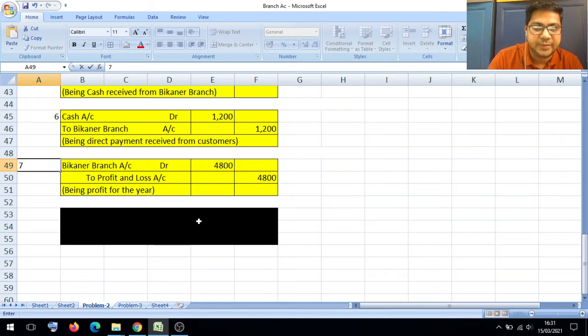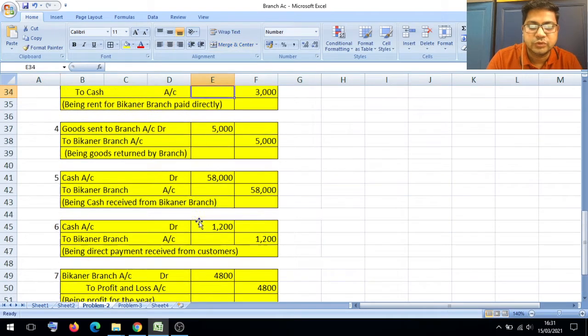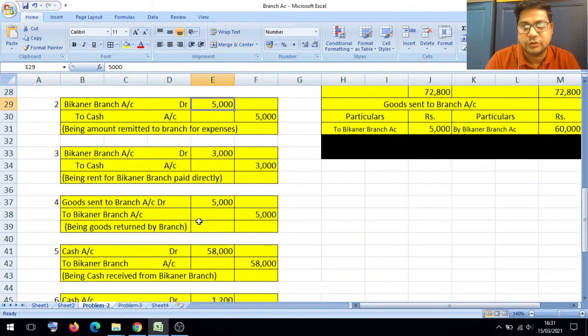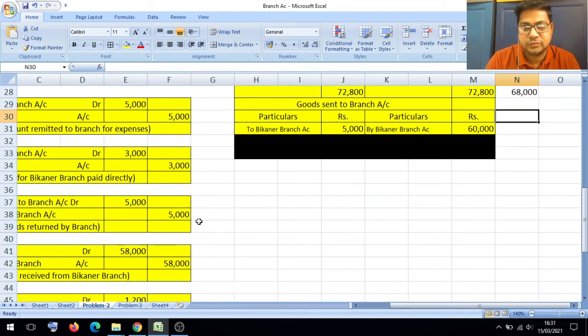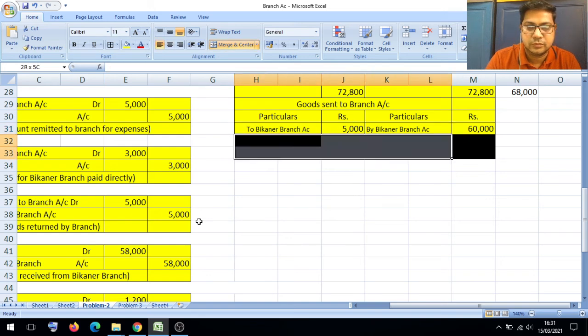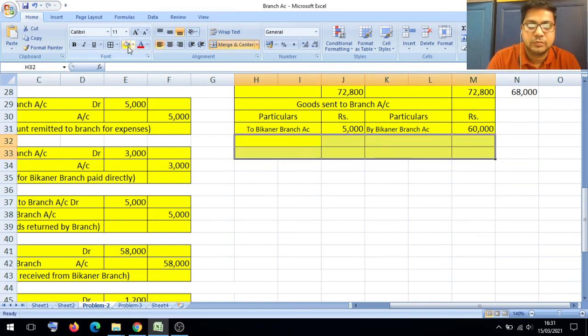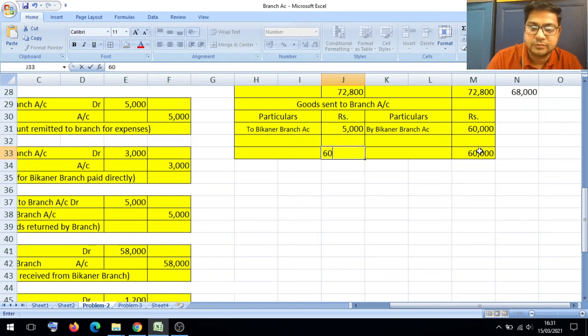Entry number 7. Then we should close goods sent to branch account also. Here credit side total 60,000, debit side only one entry, it is 5,000. It means the balancing figure comes to 55,000.